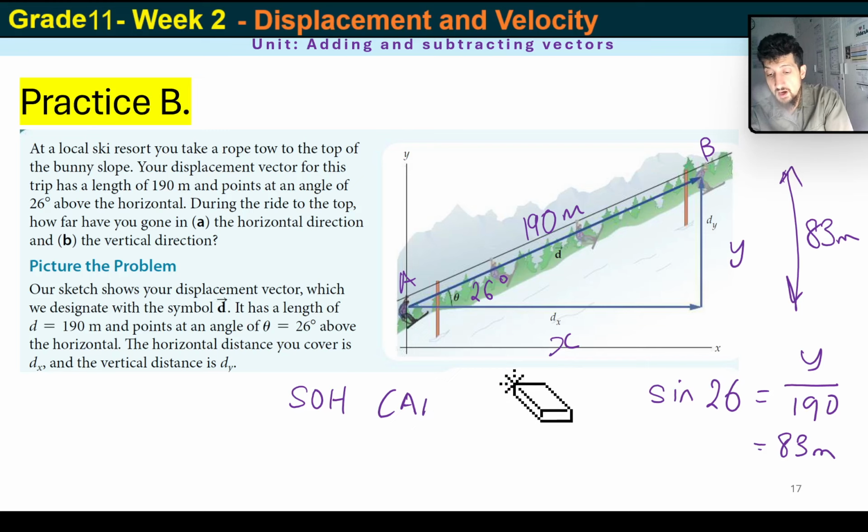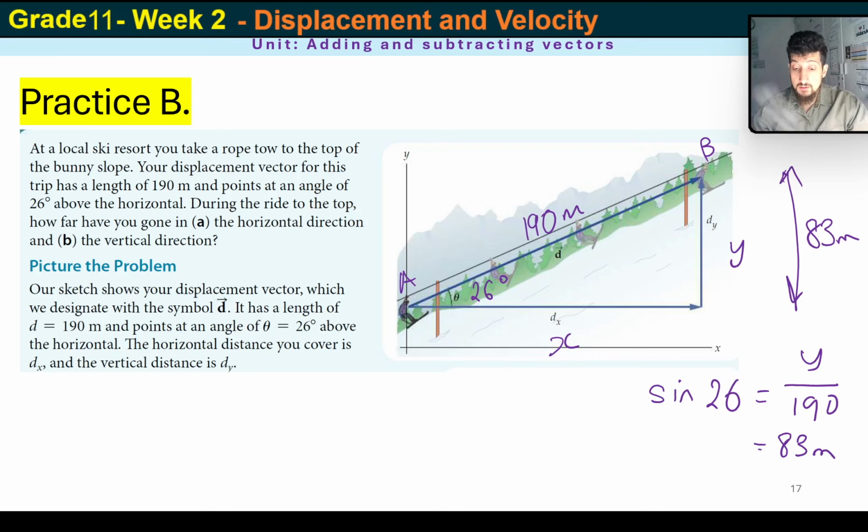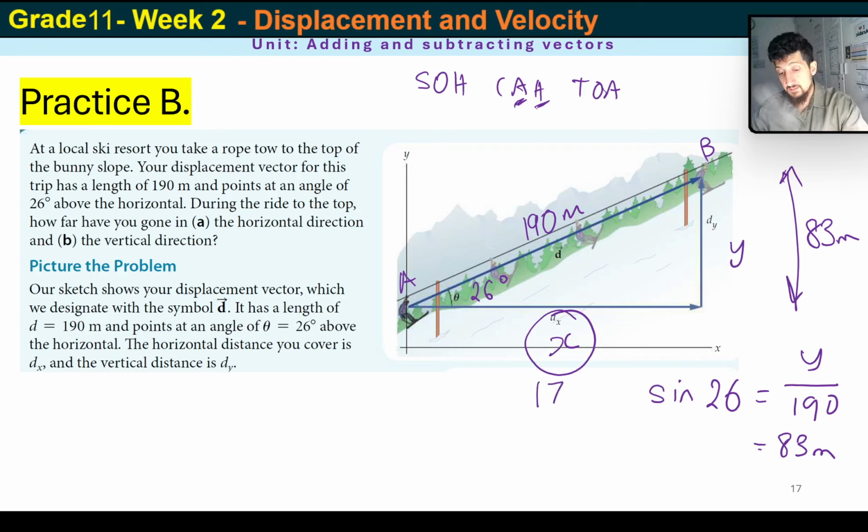Now that I have y, I can use Pythagoras' theorem, or I can just use cos, because remember it's SOHCAHTOA, and I want to work out the adjacent, and I've got the hypotenuse, so I can go cos 26 multiplied by 190, that gives me 170 meters, or 171 meters.